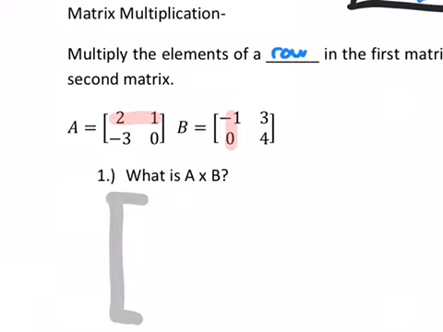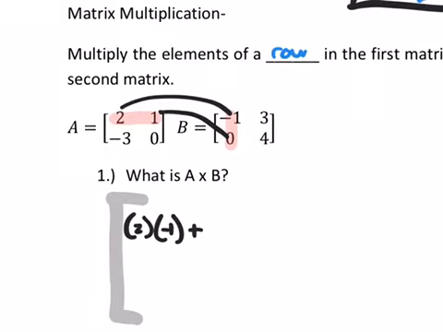I'm going to set up a big matrix down here. Okay, so the first entry is going to be 2 times that negative 1, and then you're going to add it with the 1 times the 0. All right, and this addition sign, that's just a part of the formula. We'll see that that's always going to be there for us.